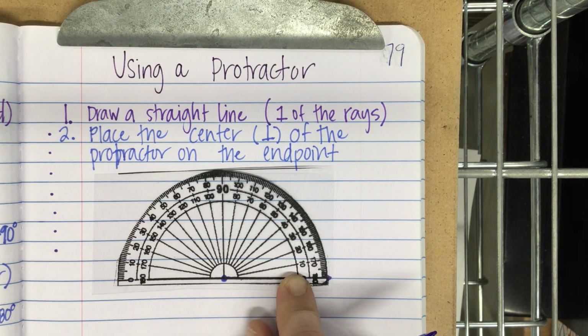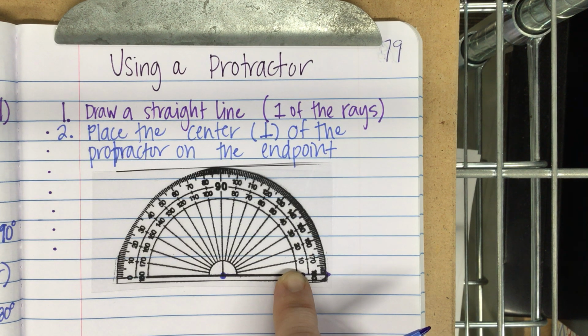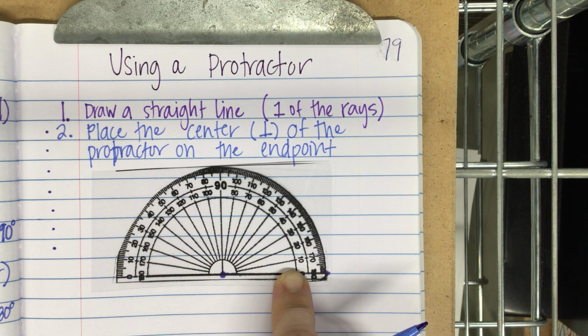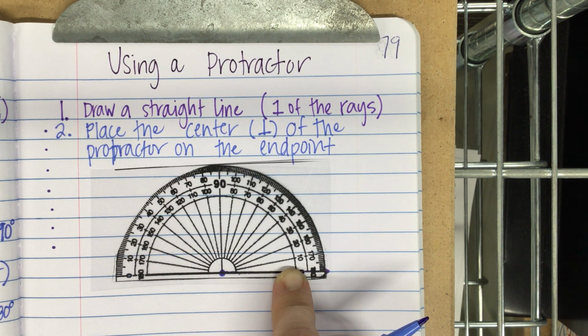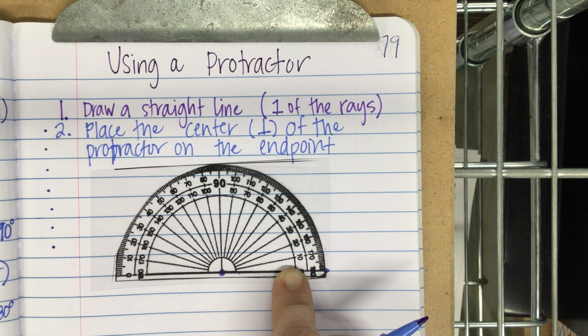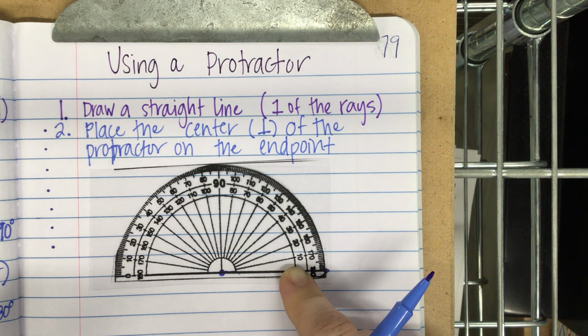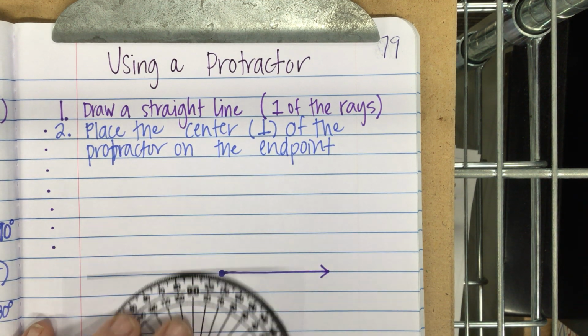Now here's the other difficult part of a protractor. There are 2 sets of numbers. You may have your own personal protractor and it may not have 2 sets of numbers. But ours have 2 sets of numbers because your line, your ray, your angle that you're working with could open to the right or open to the left.